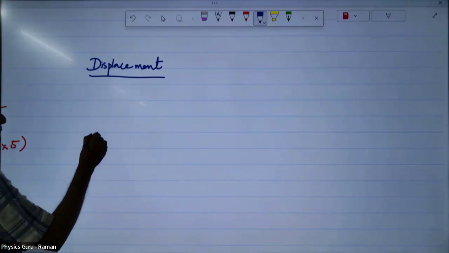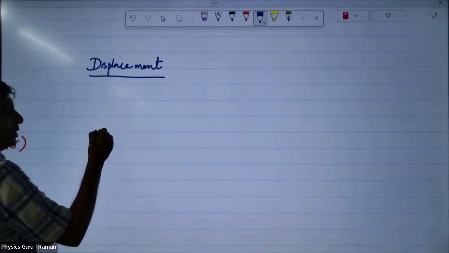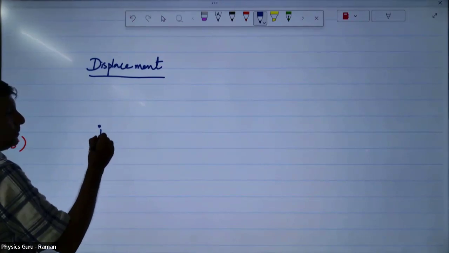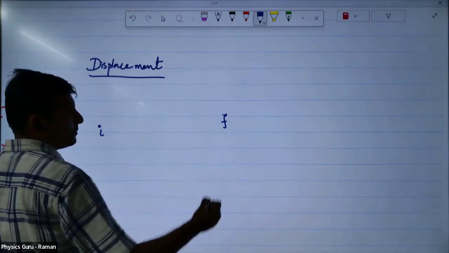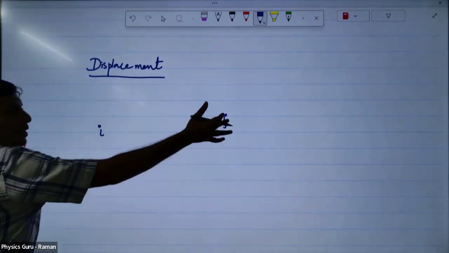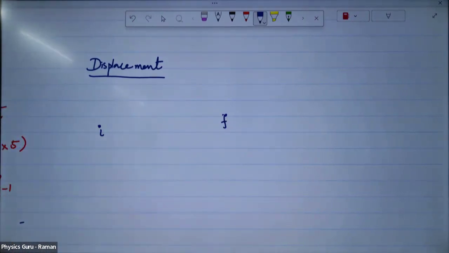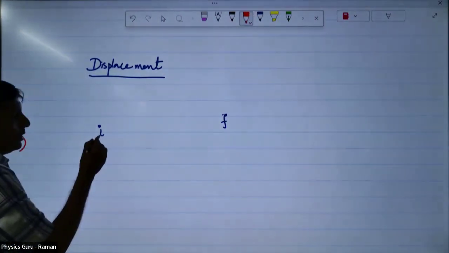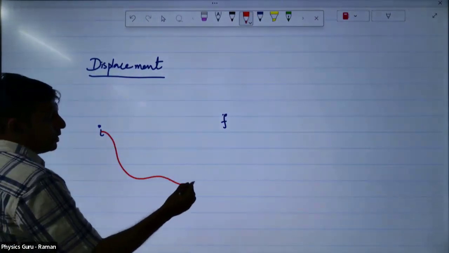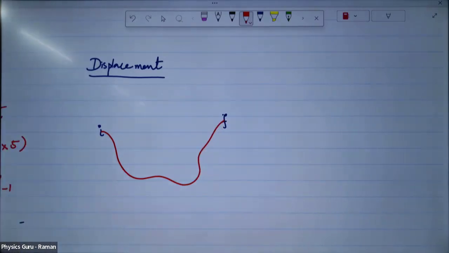A body starts from a point. Let's say this initial point I, and it goes to the final point F. From point I to F, the body is moving. This body can travel in any path, something like this, and it can go to this point.